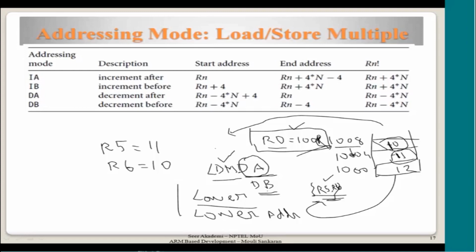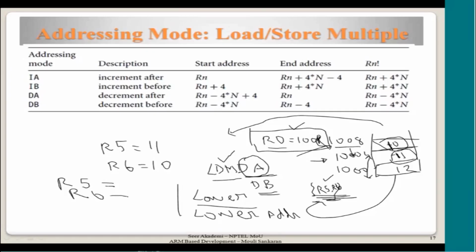Now I am saying decrement before. That means whatever is the content of R0, you decrement it before you access the first value. So 1004 will be the first access, and then 1000. Now the range is between 1004 and 1000, because you are given only two registers here, R5 and R6. Now tell me what will be the values in R5 and R6.